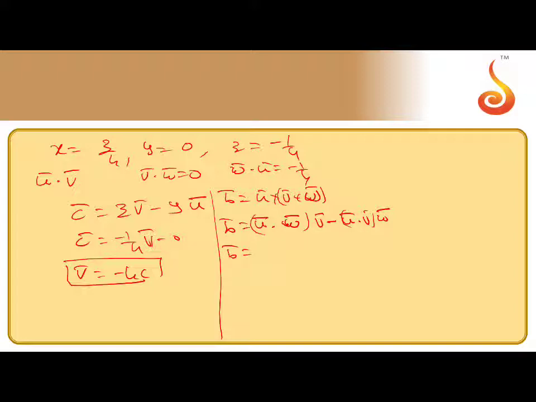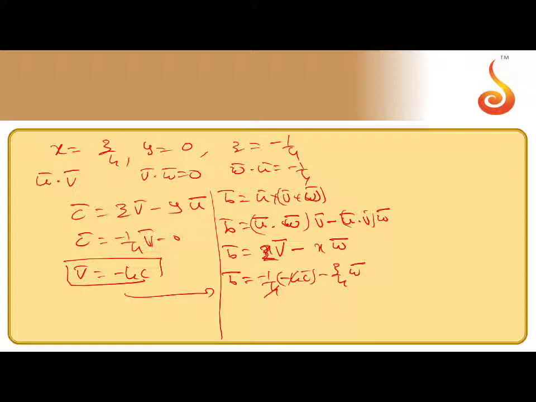So b bar equal to u dot w is z v bar minus u dot v is x w bar. But z value minus 1 by 4, v value minus 4c from this step. So x value 3 by 4 into w bar, 4 cancel.